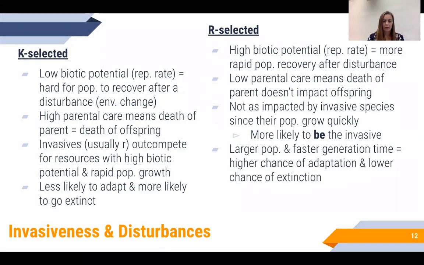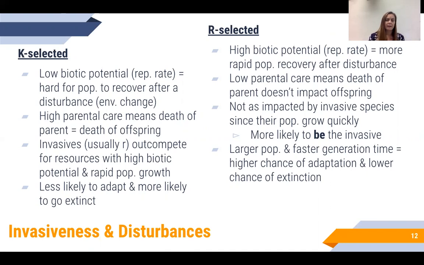Okay, so when it comes to invasives and disturbances and K-selected and R-selected, K-selected species don't respond well after disturbances because they have that low reproductive rate. It's very hard for a population to recover. And because they provide high levels of parental care, if a parent is injured or killed by a disturbance, then the offspring are likely to die as a result.